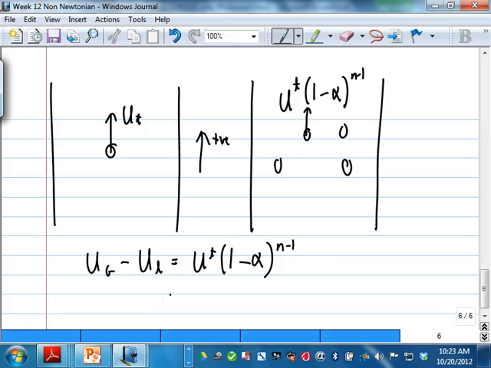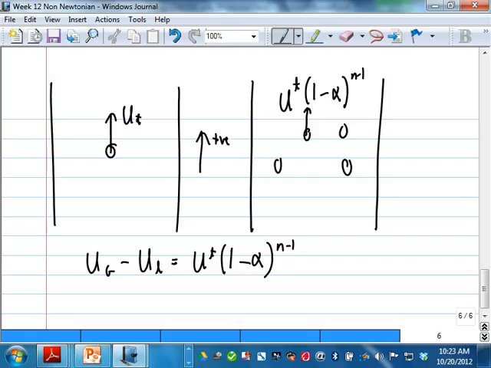If the liquid was stationary, then that's just the velocity of the gas. But the liquid can be moving also. If the liquid is moving downwards, then you expect the gas velocity to actually be lower. These are all absolute values.